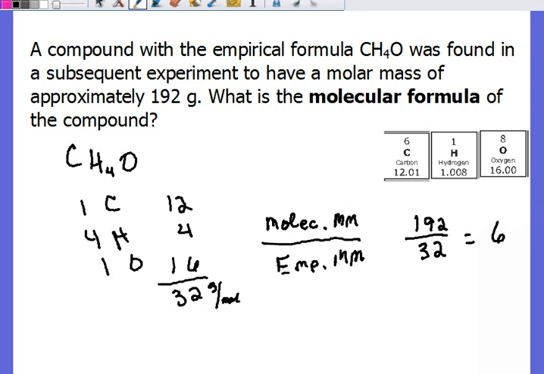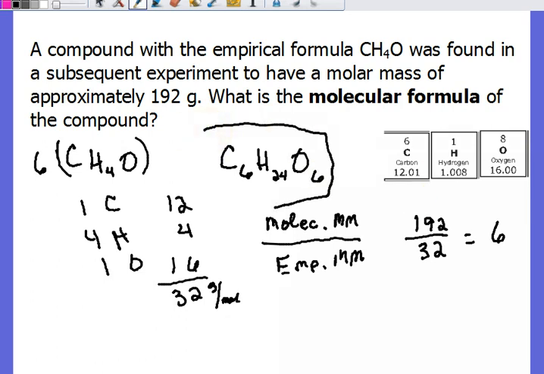Then you do the same thing we did in the previous part. You put a 6 in front of your empirical formula, so you multiply it through by 6, and your molecular formula will be C6H24O6. Just like that, that would be the molecular formula for that compound.